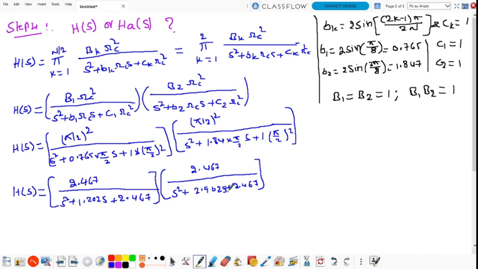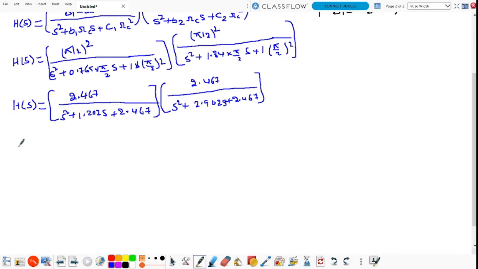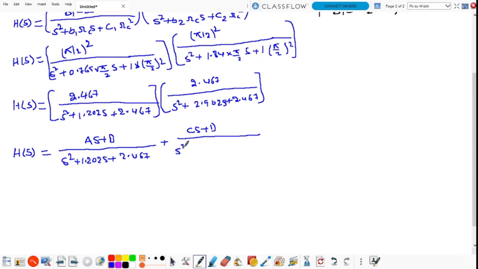So using partial fraction method, the above equation is written as As plus B divided by s square plus 1.202s plus 2.467 plus Cs plus D divided by s square plus 2.902s plus 2.467.